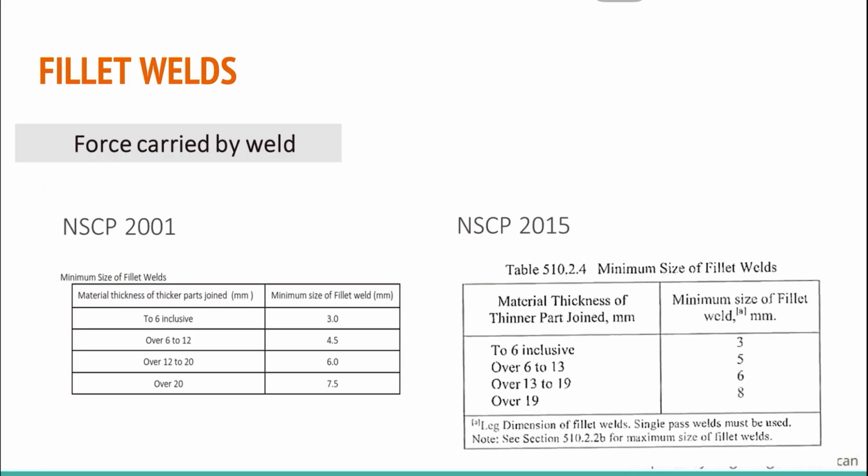Then, this slide compares the minimum size requirements for fillet welds as specified in two versions of the NSCP. Yung first table is based on NSCP 2001, while yung minimum size ng fillet welds naman dito is based sa NSCP 2015.